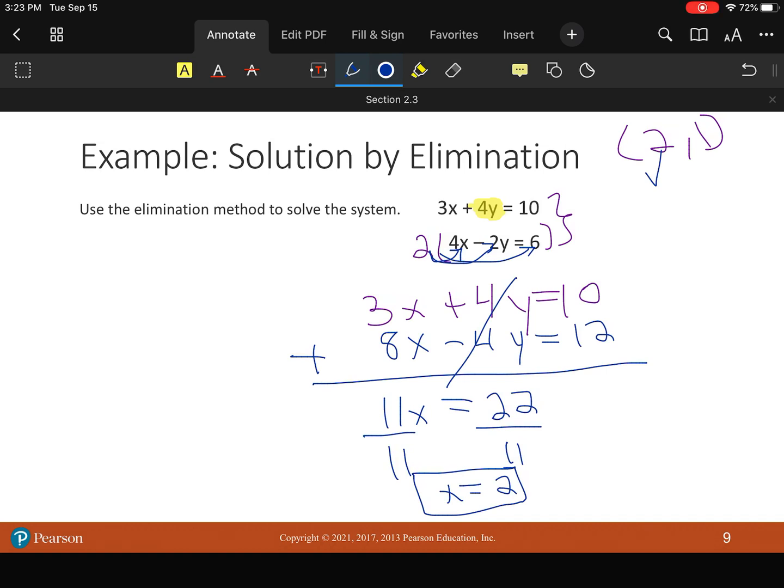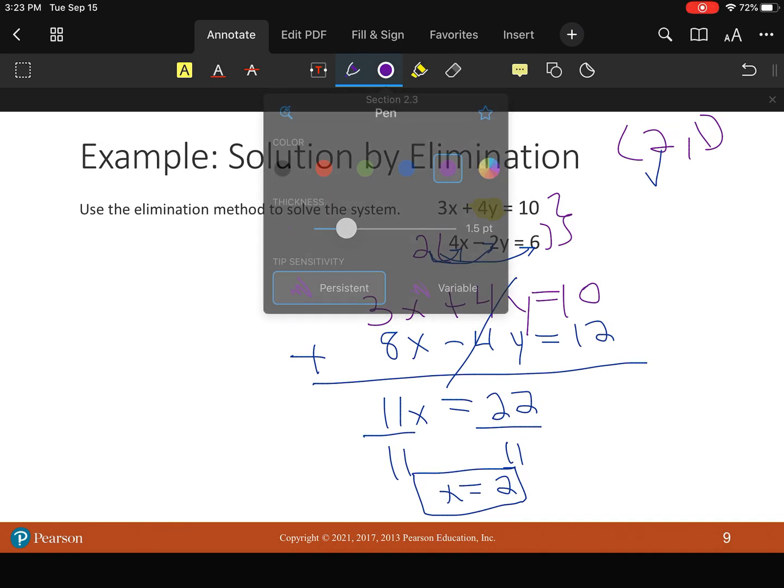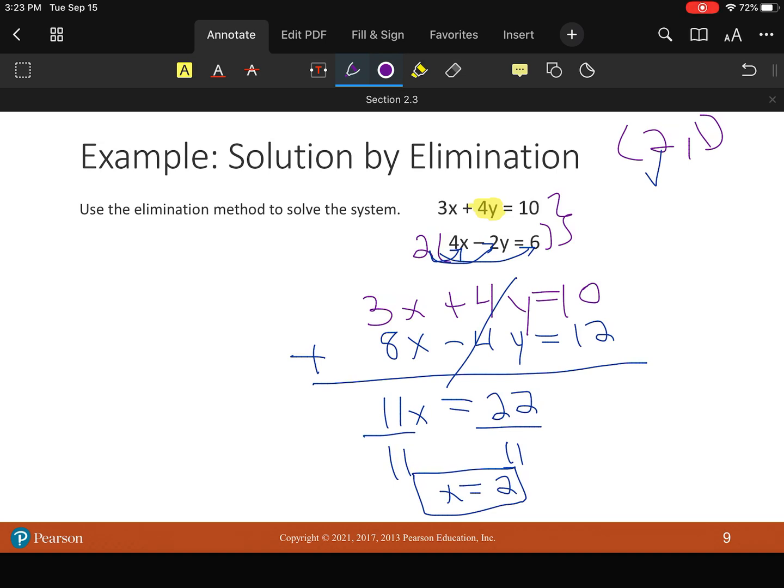But note, you don't do this again for the y. You already know what x is, so you take one of your original equations. I'm going to take that first equation, 3 times x plus 4 times y equals 10.